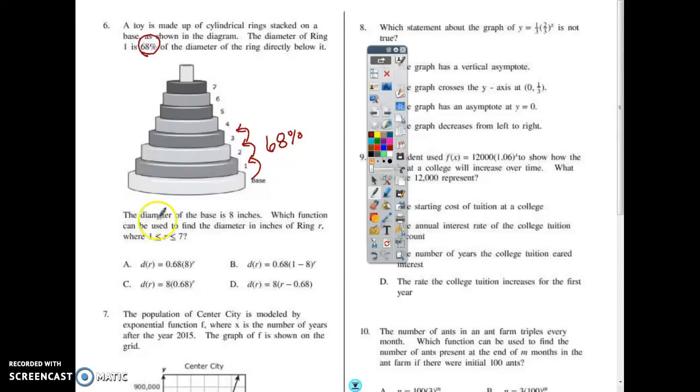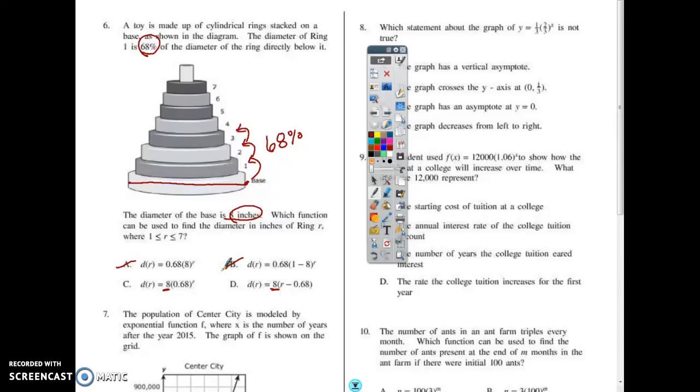It says the diameter of the base is 8 inches. That's what we started with. So that's the number that has to go in the very front. Okay? Like right there, 8. So it's not A and it's not B.